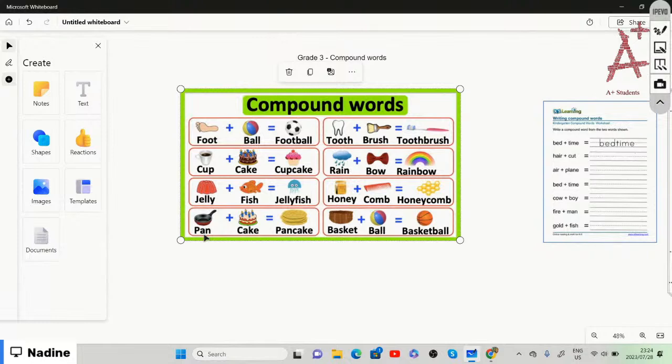Then we have pan plus cake, which is pancakes. And then we have tooth plus brush, toothbrush, rain plus bow, rainbow, honey plus comb, honeycomb, and basket plus ball, which equals basketball. All right.